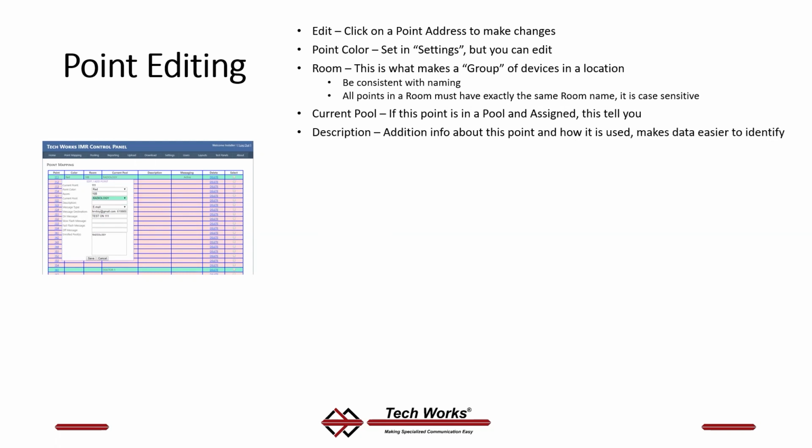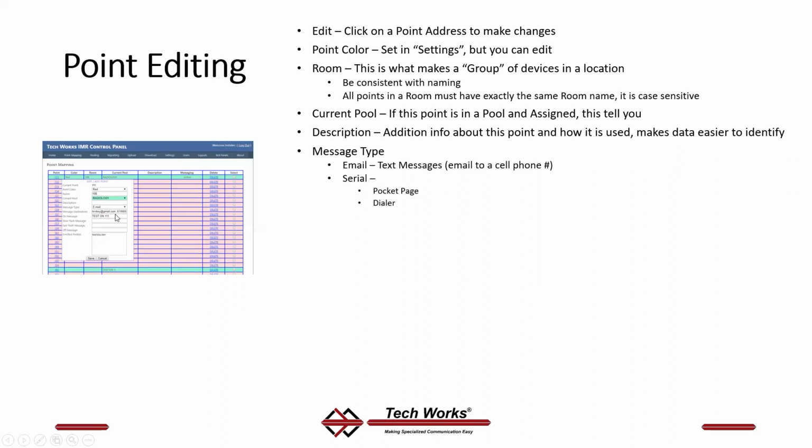The description, again, this is where you type in further information about this point. It can be extremely helpful. Makes life a lot easier if you fill that in. Message type. This is if you're going to send a message associated with this button. Now remember, we're on the red or top button on station number 1.